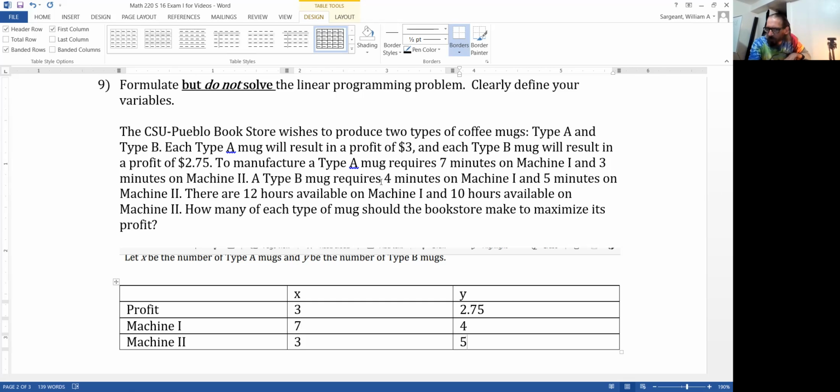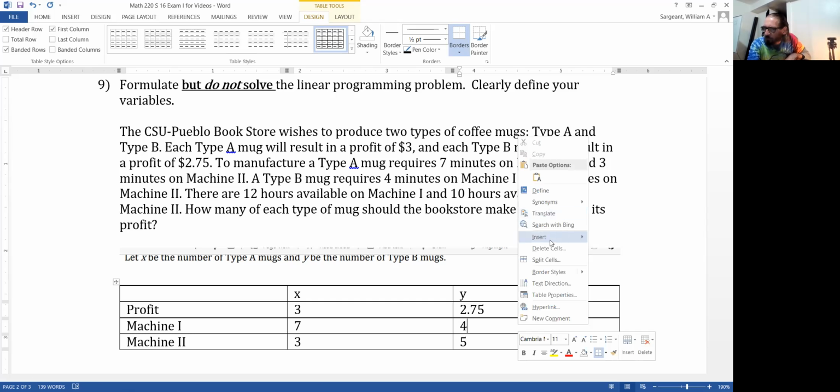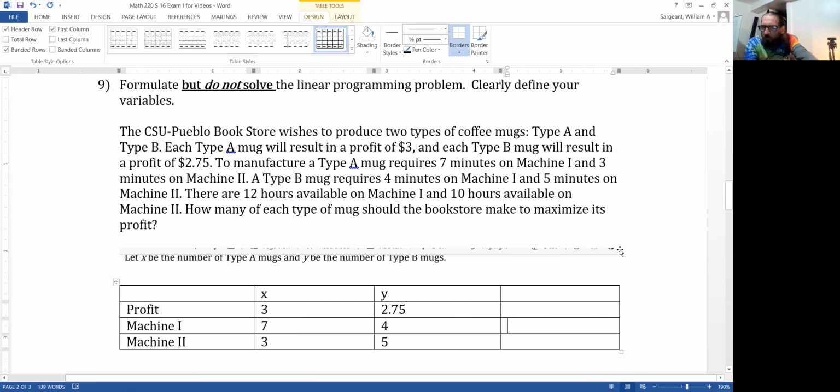What I've not addressed yet is the bit about the time available. So we have 12 hours available on machine 1 and 10 hours available on machine 2.